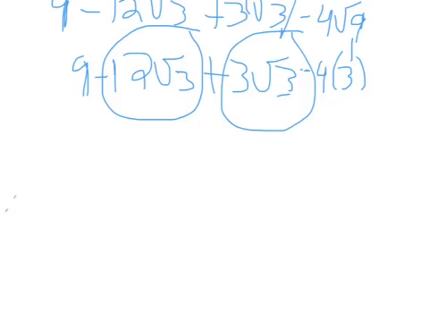Negative 12 plus 3 gives me a negative 9. So I can carry down that radical, which is radical 3. And then I do negative 4 times 3, which gives me negative 12.